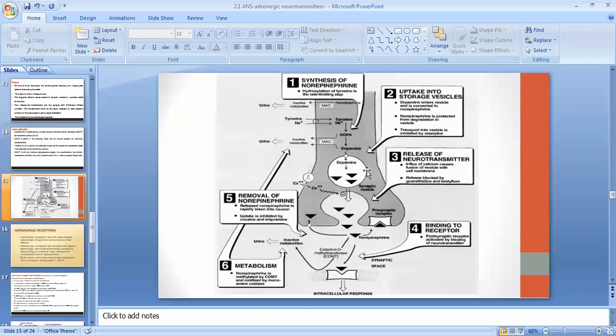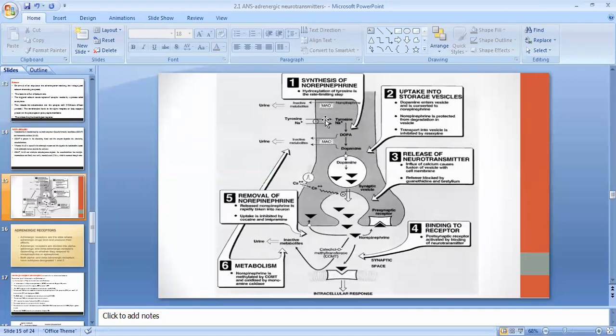See what happened. Some impulse is coming from this nerve ending. Before that, there will be a synthesis of these adrenergic neurotransmitters. What are those neurotransmitters? Epinephrine, norepinephrine, and dopamine.